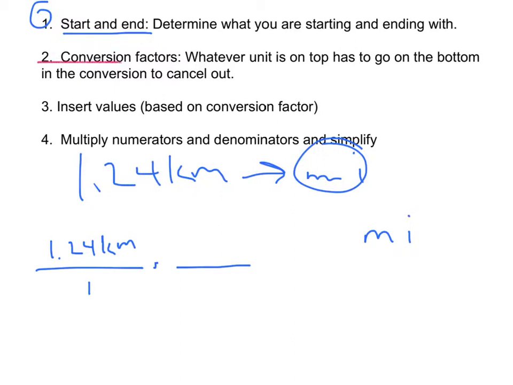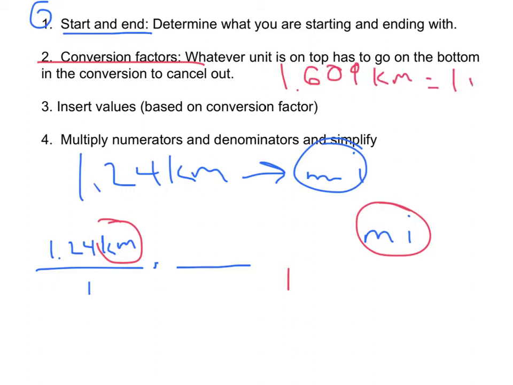Step 2 is conversion factors. What you're trying to do is find some factor that will go between kilometers to miles. And you should see from your worksheet that 1.609 kilometers equals 1 mile.